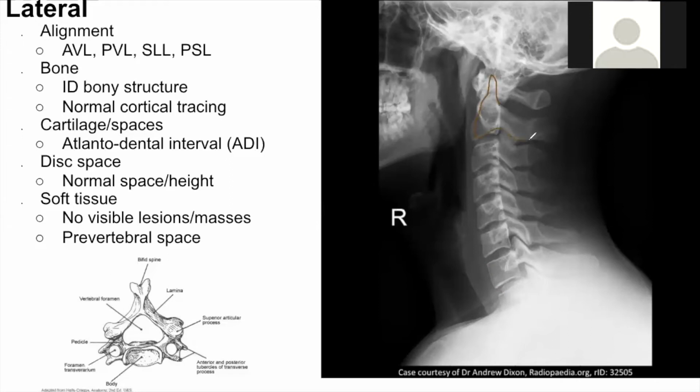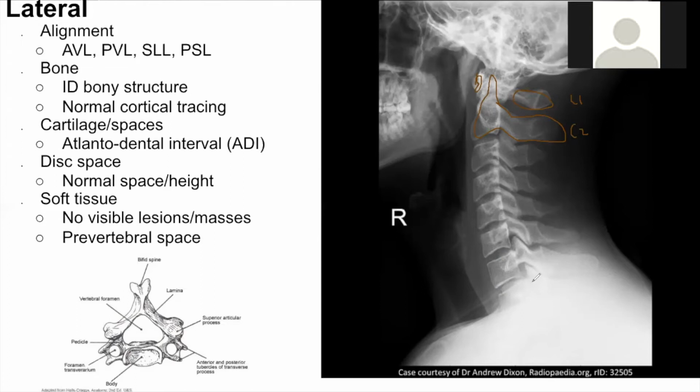So this must be the axis, and this is the anterior arch, and this is the posterior arch. So this is C1, atlas, C2, axis, C3, C4, C5, C6, C7, and we can't see T1. So in theory, this is not a good enough X-ray.